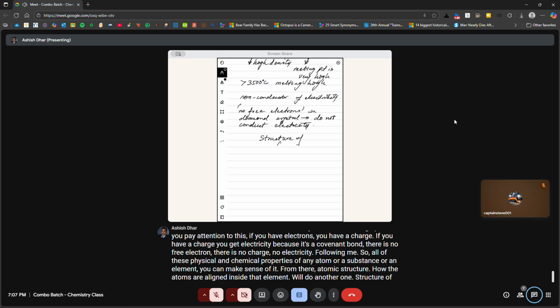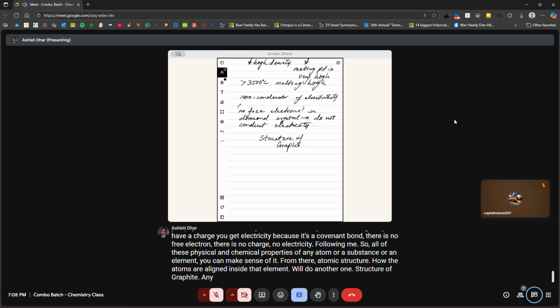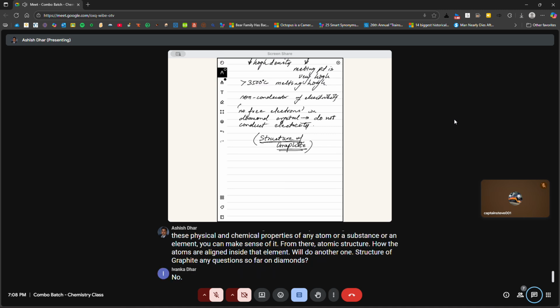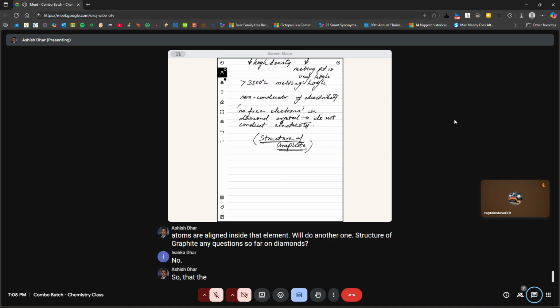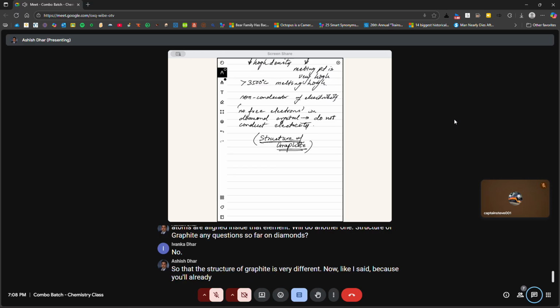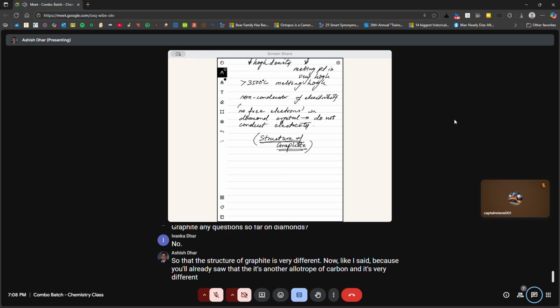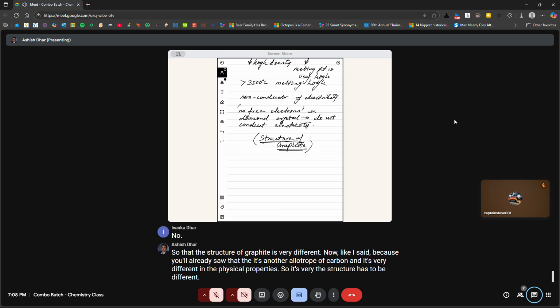Structure of graphite. Any questions so far on diamonds? No. So the structure of graphite is very different, because you already saw that it's another allotrope of carbon, and it's very different in its physical properties. So the structure has to be different.